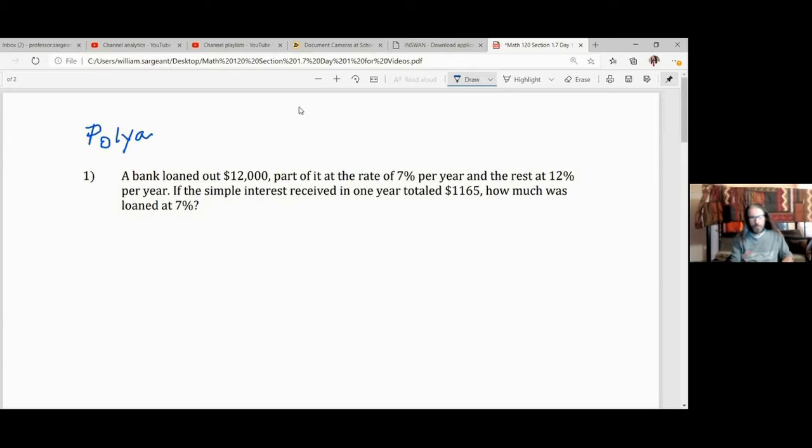Before we start solving these, I want to talk a bit about steps for problem solving that come from an author of the last name Polya in his book How to Solve It. And if I recall correctly, he wasn't really addressing algebra questions directly.